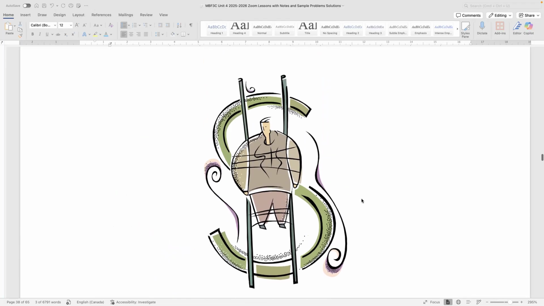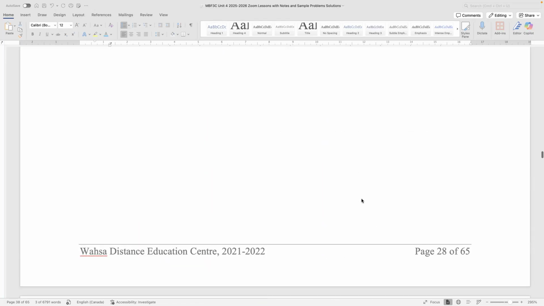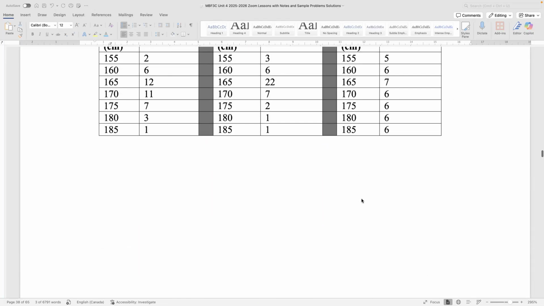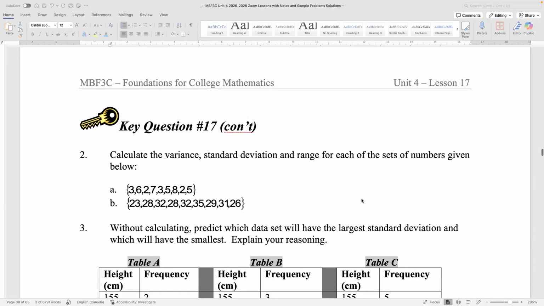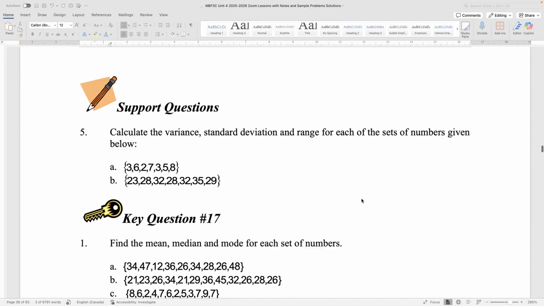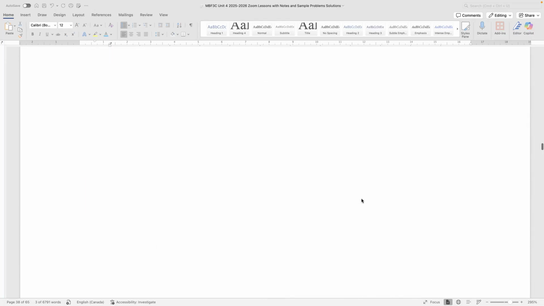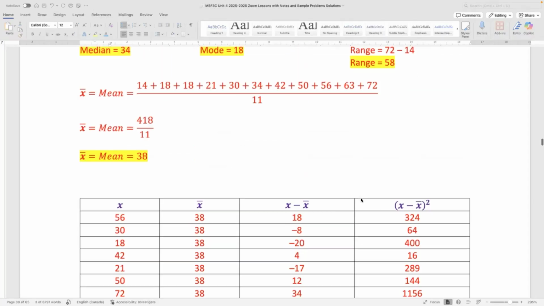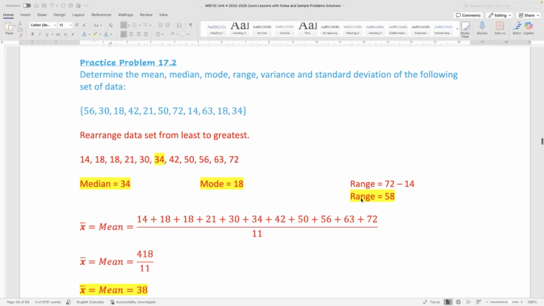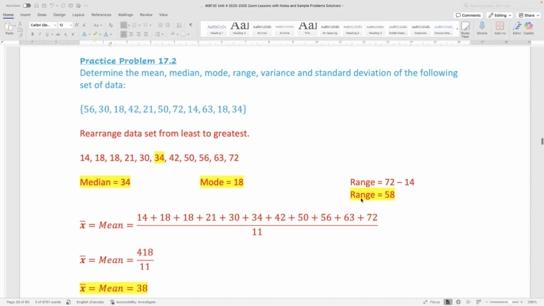Yesterday and the day before, but mainly yesterday, we looked at a problem involving standard deviation. We did a couple of sample problems where we looked at a set of data, for example practice problem 17.2, and we rearranged the numbers from smallest to largest, or least to greatest.